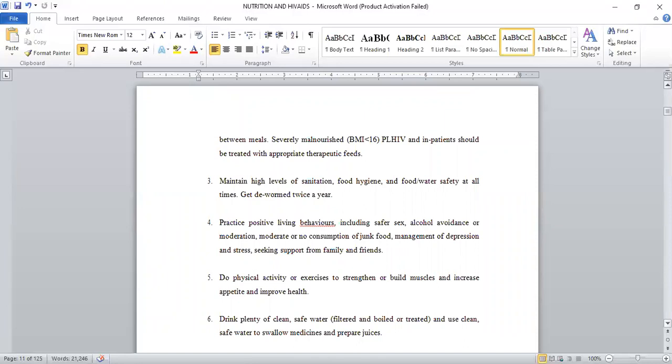You are trying to avoid diseases such as cholera and typhoid, because these will make their body weak, and you don't want that. Also, there is the presence of worms in the body. So they need to deworm themselves to ensure that nothing is interfering with what they eat. That's why they need to maintain a high level of sanitation, food hygiene, and food and water safety.